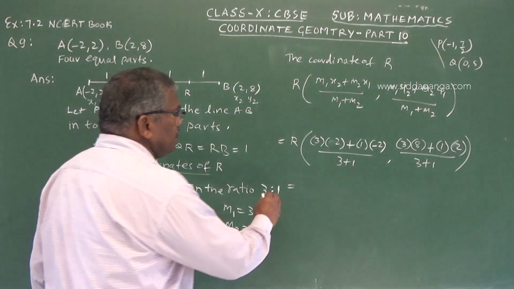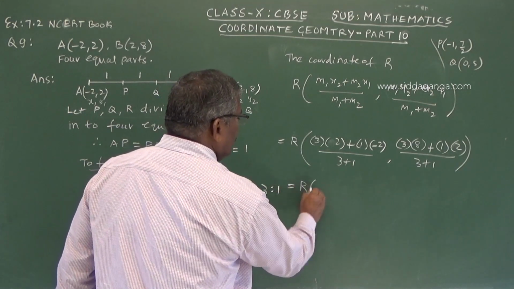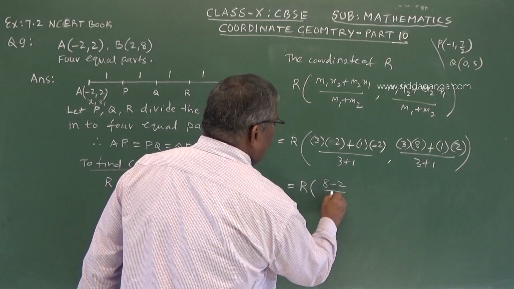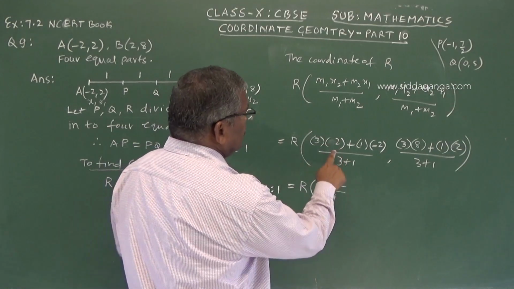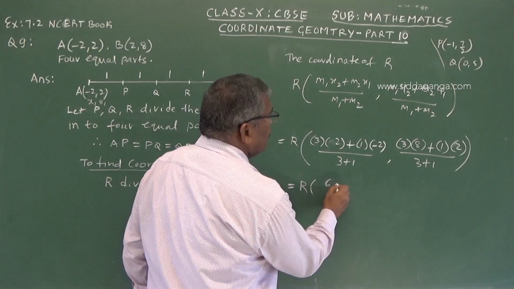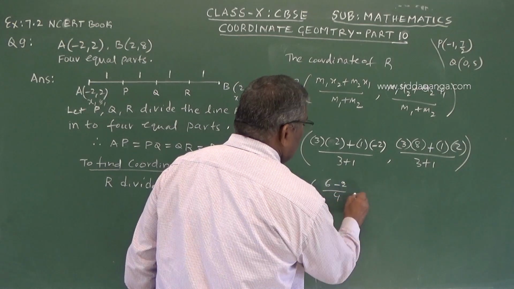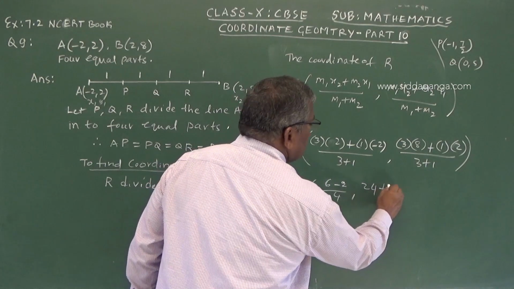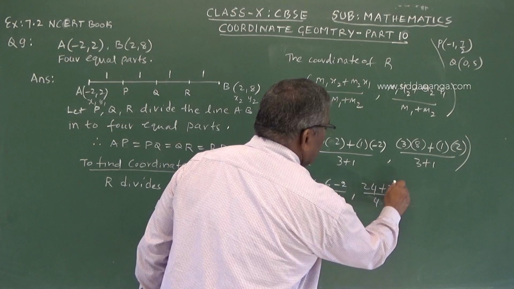Now the coordinates of R will be 3 into 2 is 6, 6 minus 2 divided by 4, comma 8 threes are 24 plus 2 divided by 3 plus 1 which is 4.